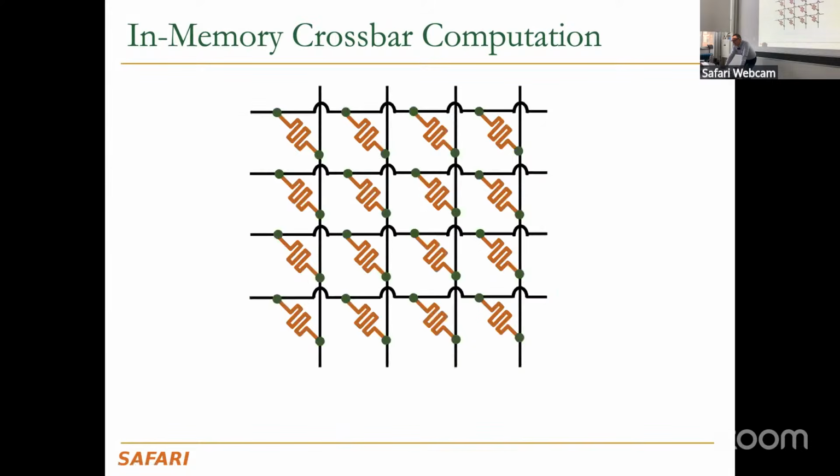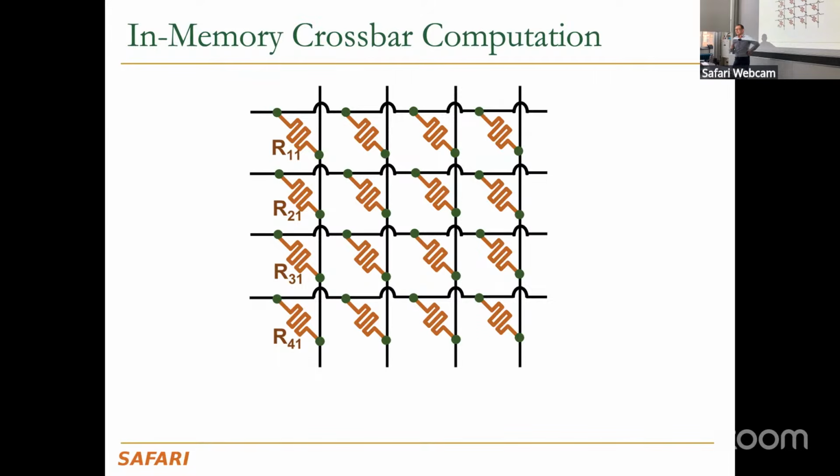This is a matrix vector multiplier right now, which means that if you're operating on some matrix, you can represent the values as resistances in the analog domain, hopefully by programming this thing. And usually these memories have a way of programming, very much similar to flash memory, but of course different.